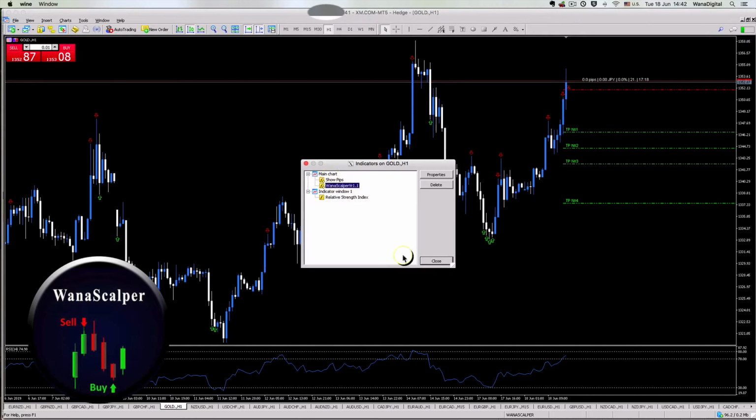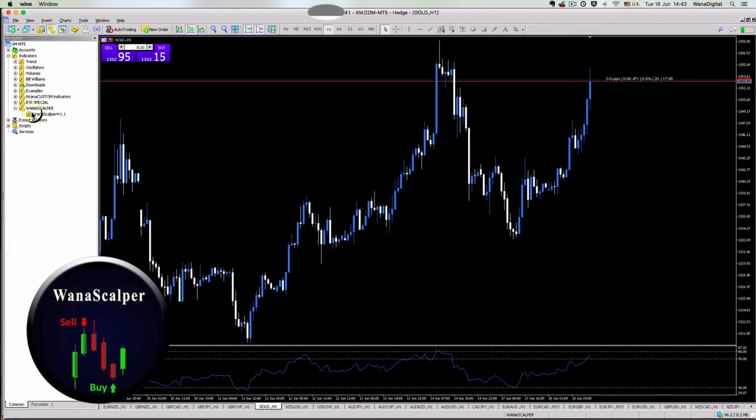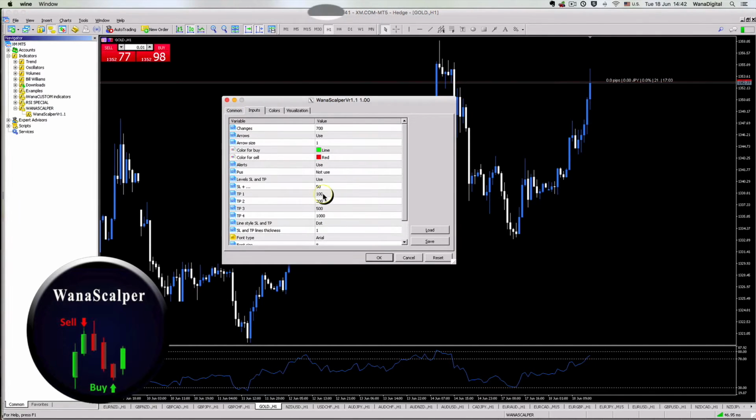If you don't like the default settings, you can adjust the take profit and stop loss levels. Personally, I prefer to use 10 pips for my stop loss so that it sits above the signal arrow, and also it gives enough room for some brokers who don't allow you to use very tight stops. So I'll use 10 pips for my stop loss, and then this function here simply adds 10 pips to the high of the signal candle.